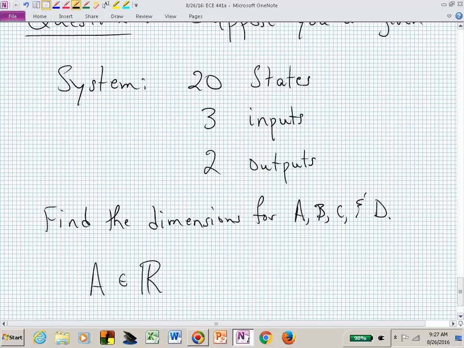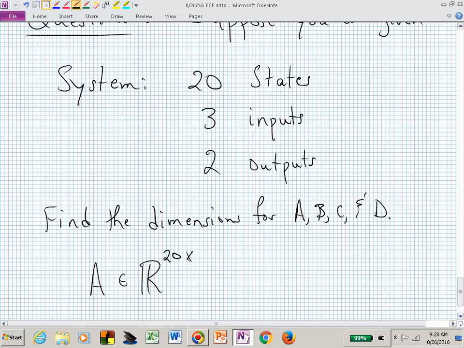And then you know what you're trying to create or fill in. How big is your system matrix A? How many rows does it have? Well, that sits just to the right of the equal sign, which has to be compatible with the same number of rows that are in your state vector differentiated once, and that's the same as the number of rows in your state vector. A has to have how many rows? Needs to be the same number as you had states.